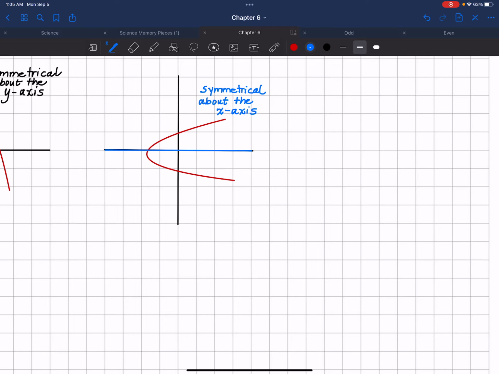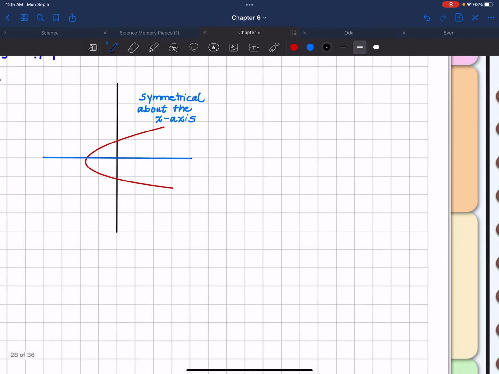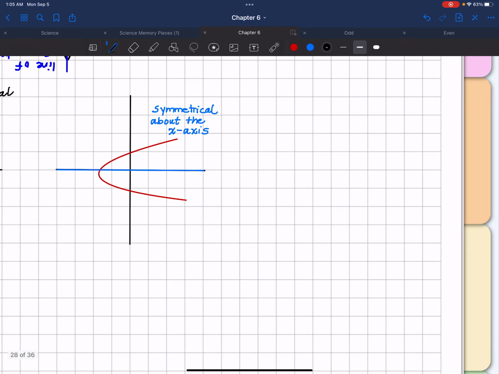Okay, here's one more with symmetry. Okay.